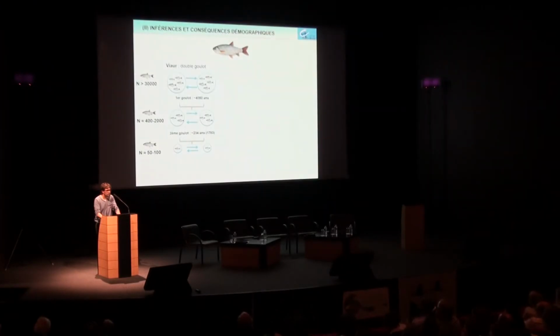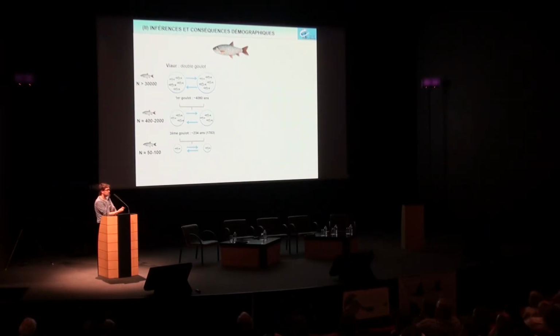And what we have shown is that for the fragmented river, the scenario of the double bottleneck was the most probable one. We have shown that the first bottleneck was more or less 4,000 years ago, well, it is an estimate, and at that time, we had more or less 30,000 individuals.